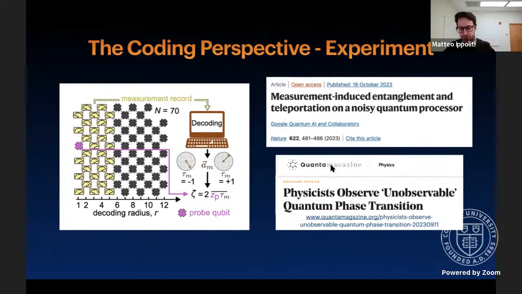And this and other experiments were recently also commented on in this nice article in Quanta magazine that traces the history of this field and how this seemingly unobservable phenomenon was actually realized with these developments that I briefly told you about. So some nice light reading on this if you're interested.